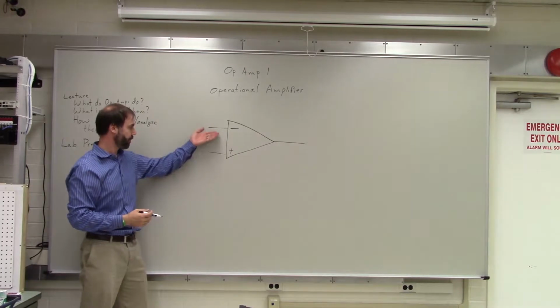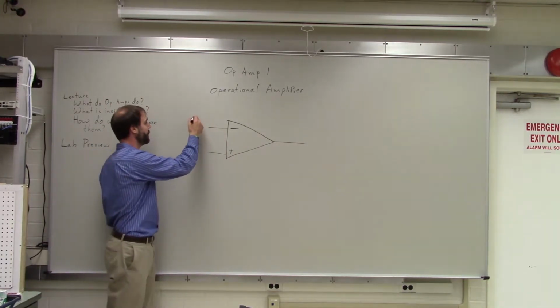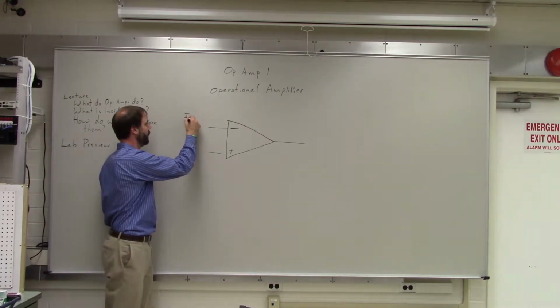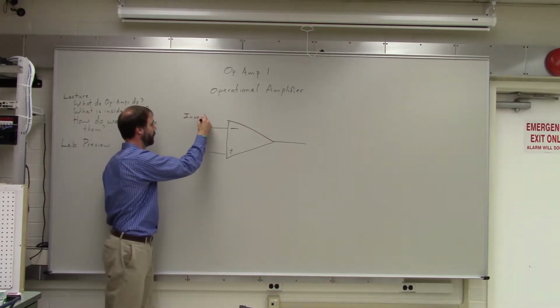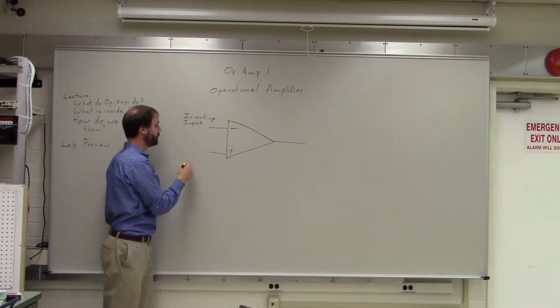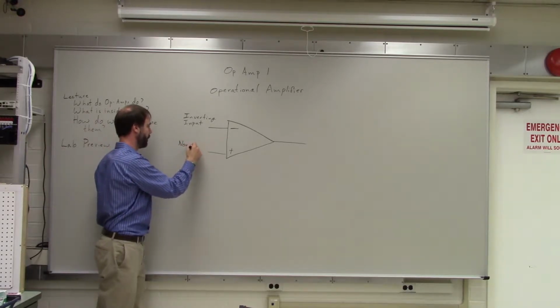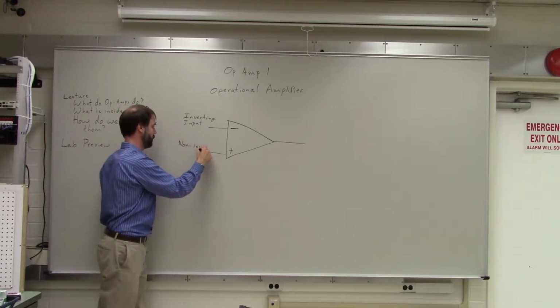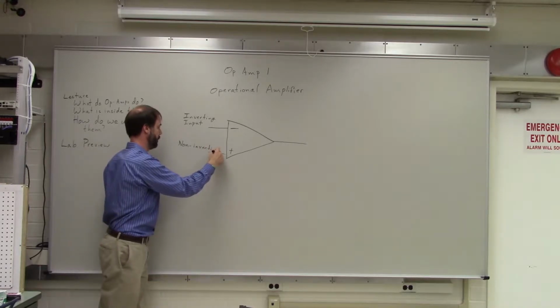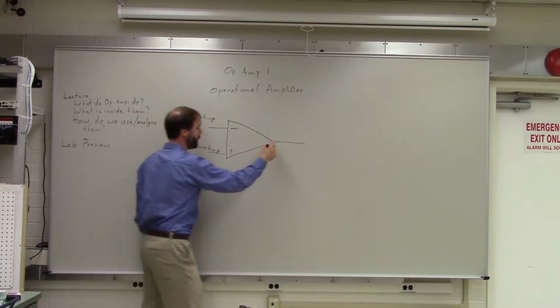These two terminals on the left-hand side are the inputs. This is the inverting input. This is the non-inverting input. And this is the output.